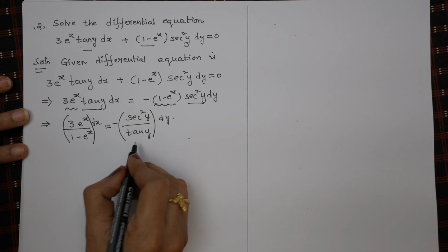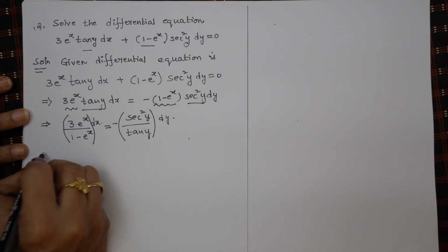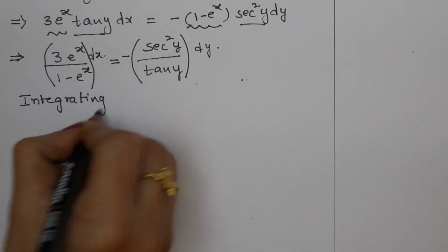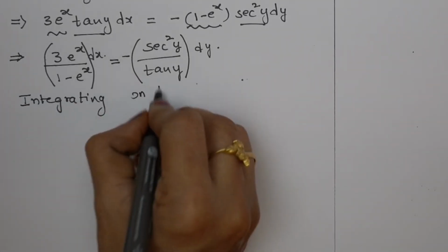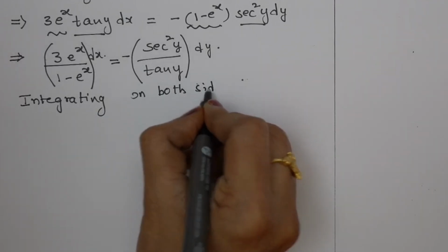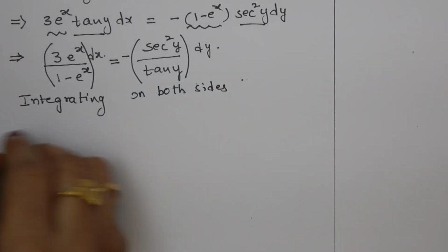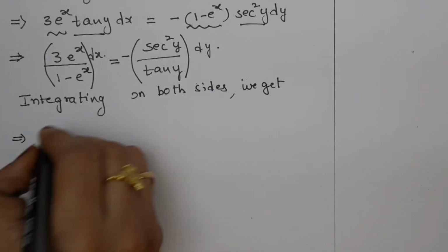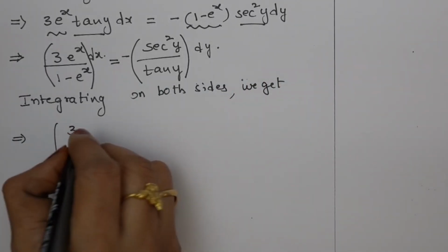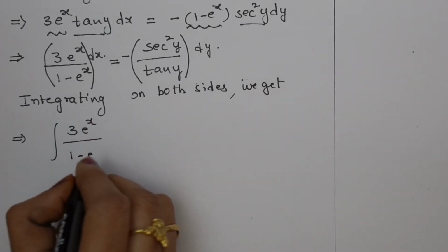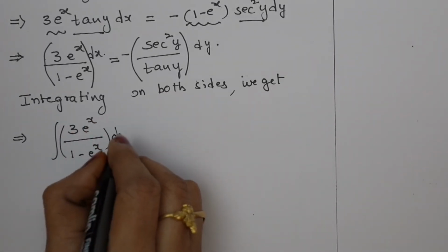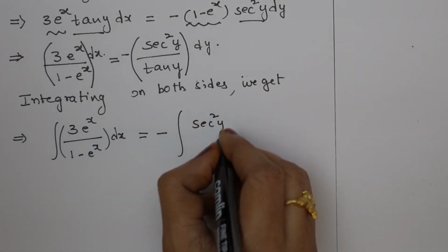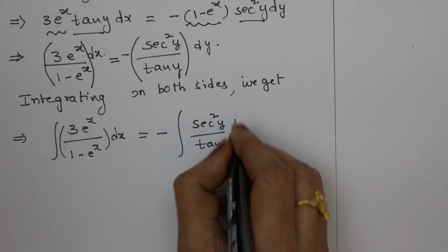Now on integrating these terms we get, integrating on both sides, we get integral 3e power x by 1 minus e power x dx is equal to minus integral secant square y by tan y dy.